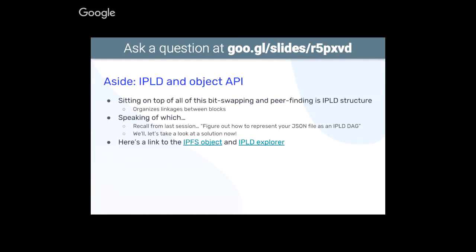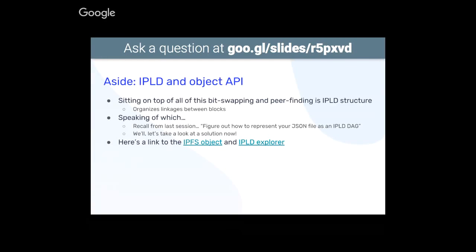Again, this is a bit of an aside, but the reason I want to go over this is because it provides a pretty good intuition for how the DAG works. So the goal today is, can we build up a useful intuition for how data is exchanged between peers, how we find peers, and then how we actually represent the data that we're sharing among peers.